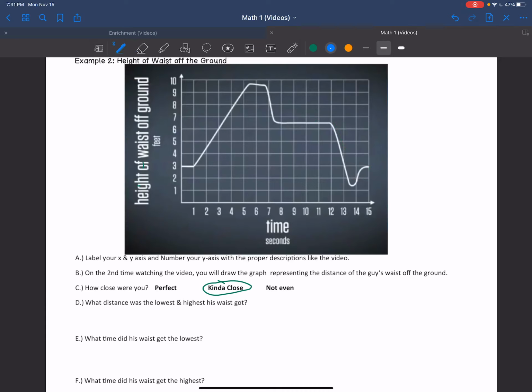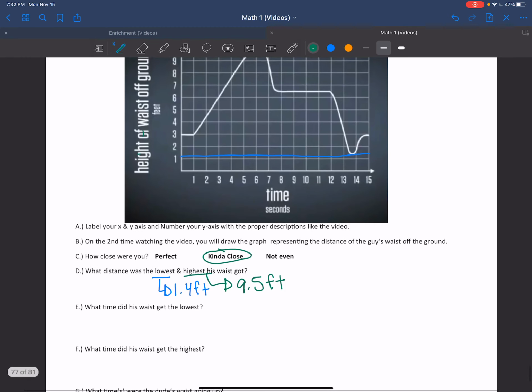Well, the lowest is right here, and I would say the height of this is about 1.4 feet off the ground. The highest his waist got was way up here, and that is about 9.5 feet off the ground.